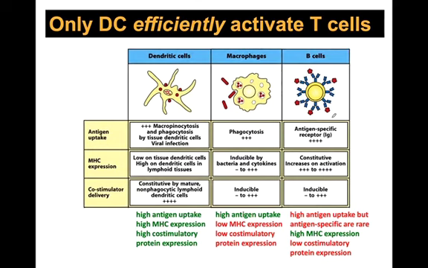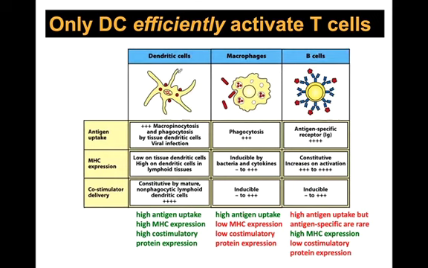So we include them because we know they can do it, but they're sort of waiting for the response to happen. Now, having said that, once the B cells get activated and start proliferating, sure, then you have lots of B cells that are antigen specific, and they can certainly be antigen presenting cells.